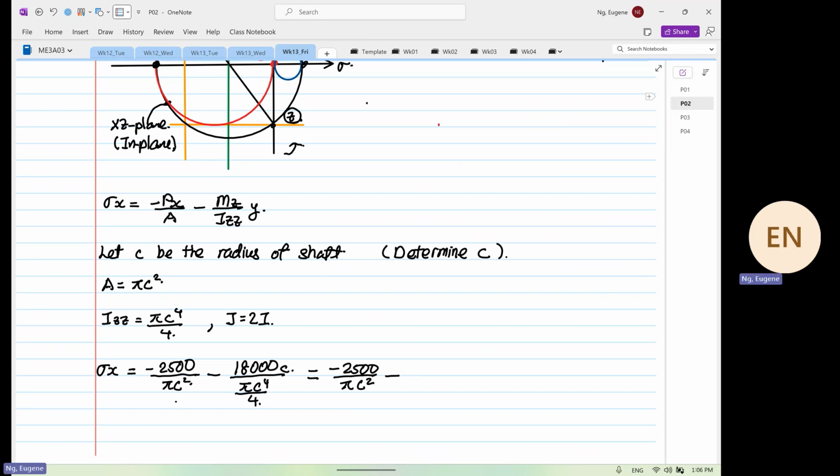And then minus 1800, 72,000 over pi c cubed. And to make matters easier for us, I would like to have a common denominator. So this happens to be our equation number 1.